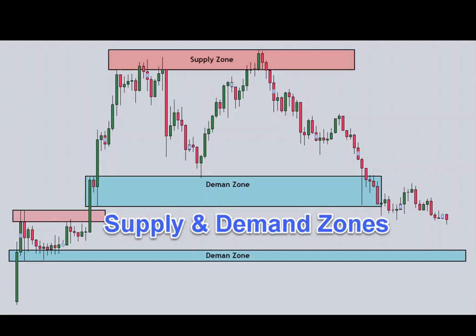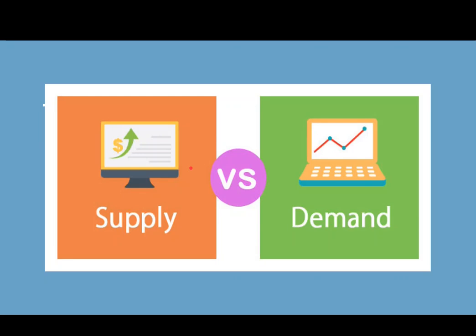In previous videos, I talked about the market structure and how you can identify where the price is on any chart. Is it in a downtrend, in an uptrend, or in a range? Now it's time to learn a very important concept in economy in general and in financial markets in particular: supply and demand.